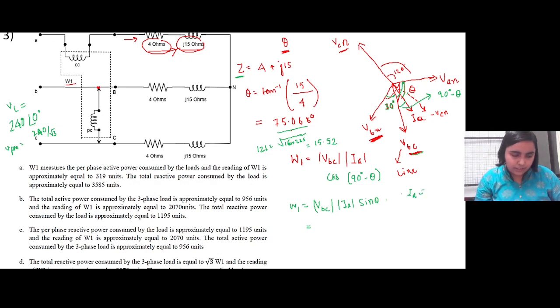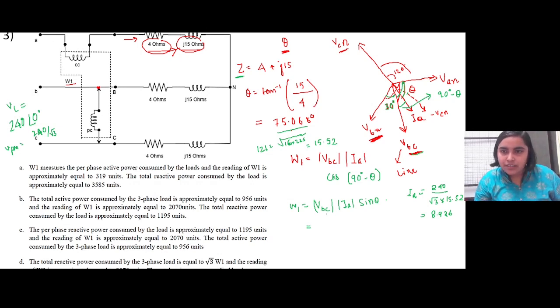So IA will be 240 by root 3 into 15.52, which is 8.926.